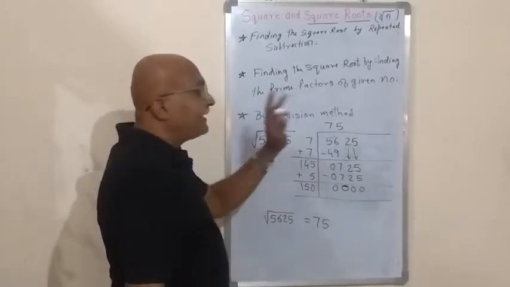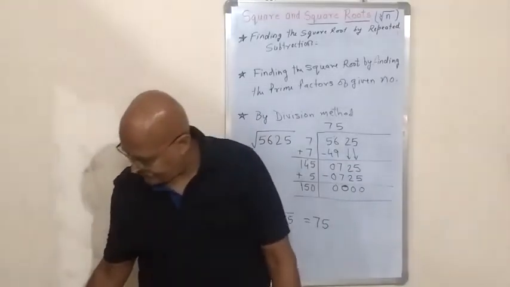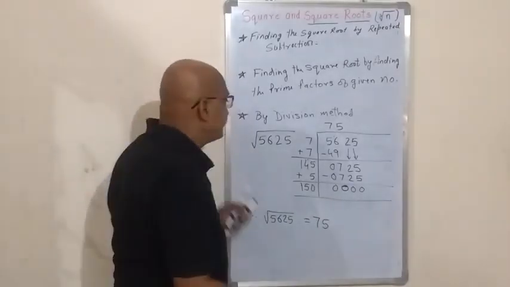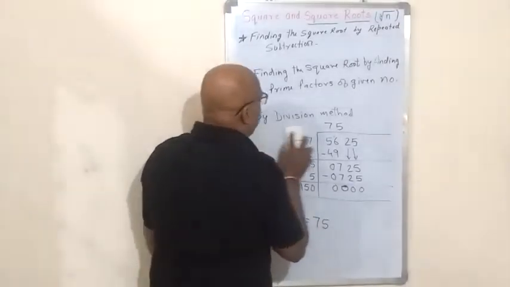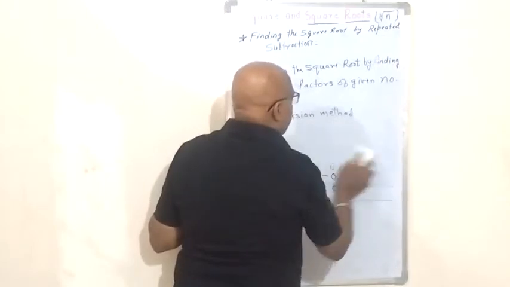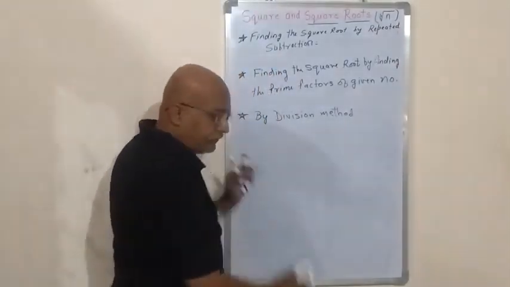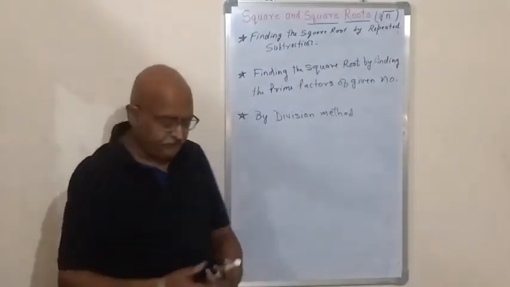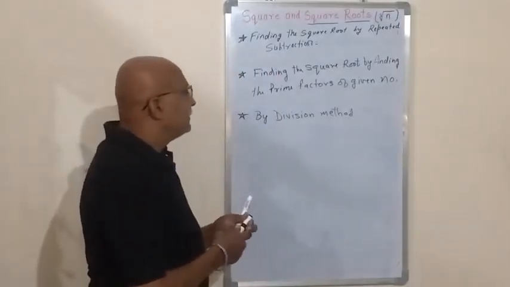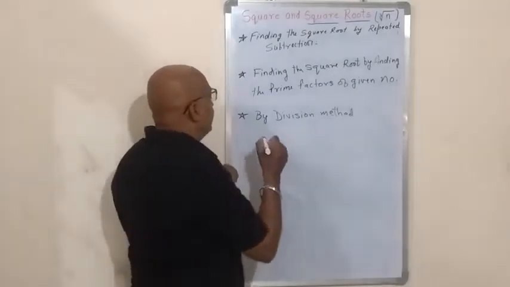Now let's take any other number. For example, I will take a bigger number like 6 digit, any 6 digit number I will take. Okay, so let's see what happens when we go for finding the square root of a bigger number.